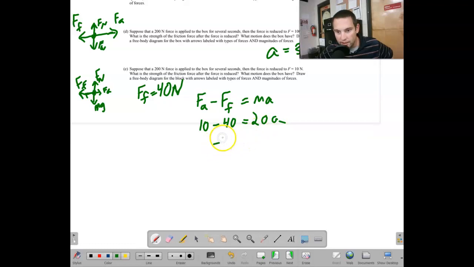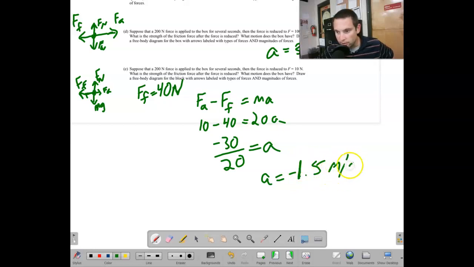So we have negative 30 divided by 20 equals A. Negative 30 divided by 20 equals negative 1.5 meters per second squared.